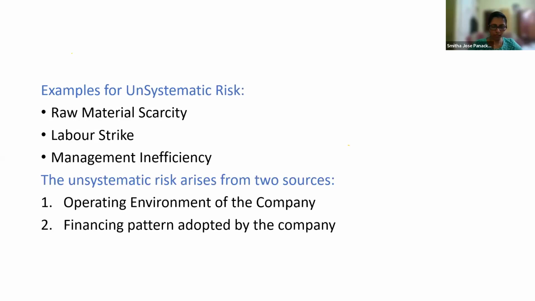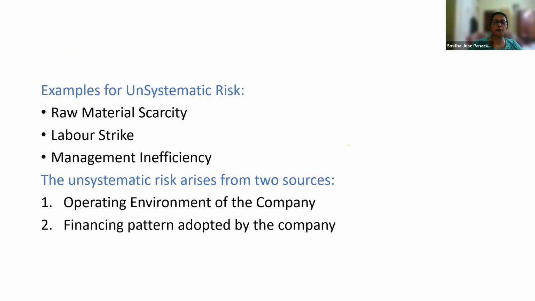Then, let us go to the examples of unsystematic risk. As I told you earlier, if you want to purchase the share of a particular company, you can check whether that company is facing issues like raw material scarcity, labor strikes or labor unrest, or management inefficiency. If you feel that the CEO of a particular company is not doing well, you can expect their shares going down in the future, so you can avoid investing in that company.